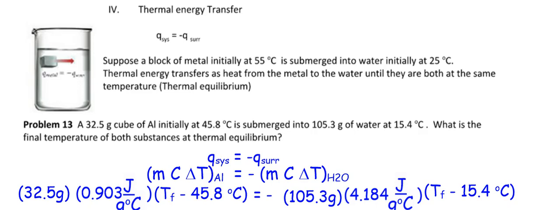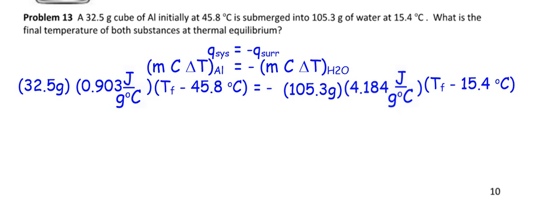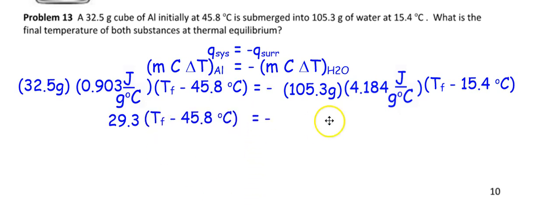So now how am I going to go about doing this math? Well, do you remember how I did it before? I multiplied these two numbers together, and I got 29.3, and I keep this here. And then here's my equals, and don't forget your negative sign. Then I multiplied these two right here, and I got 441, and I just brought this here, okay?